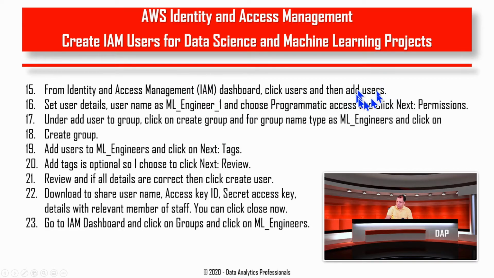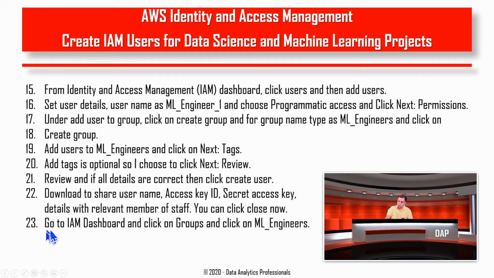Then I clicked on add user. Here is this user ml underscore engineer underscore one. Choose programmatic access. You see, everything is there, and I created that group. And finally we downloaded the file, to share the username, access key ID and secret access key details with the relevant member of staff. And now this is done.